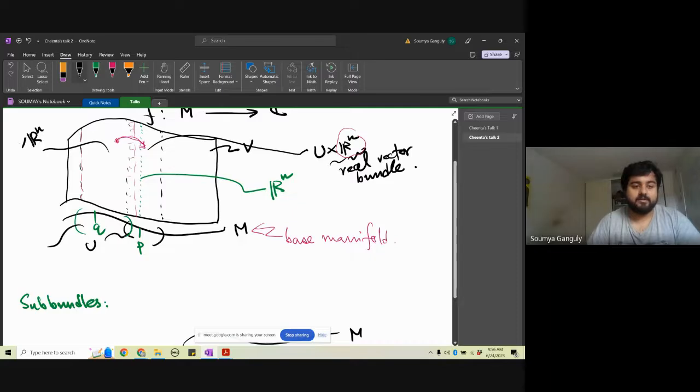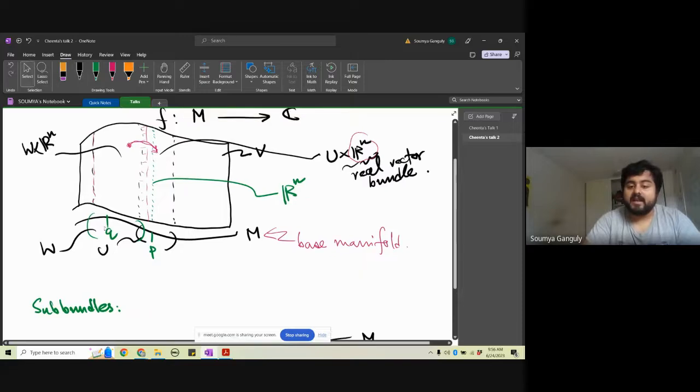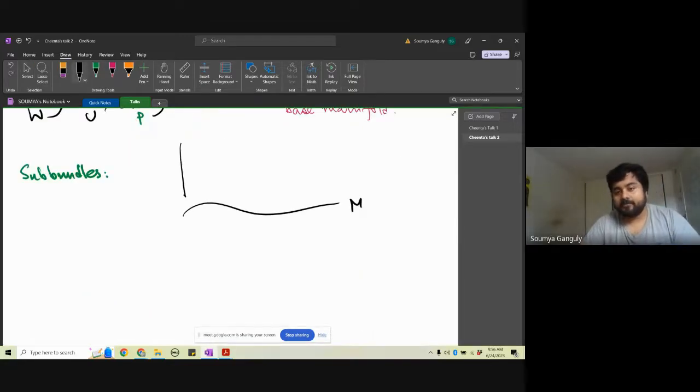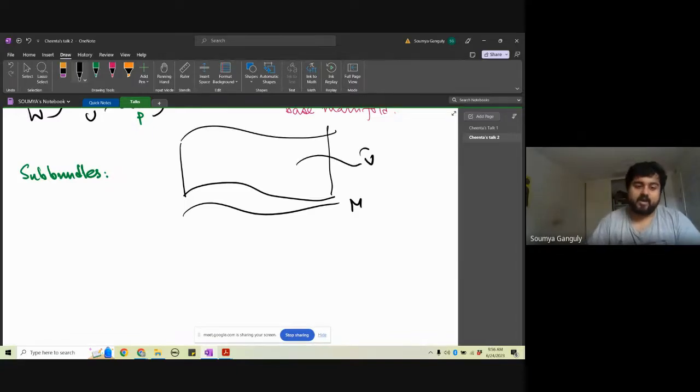Let's call this W. So suppose you have a vector bundle V here, then a vector subbundle V tilde would be another sheet like this, where for every point P on M, Vp tilde is the following.